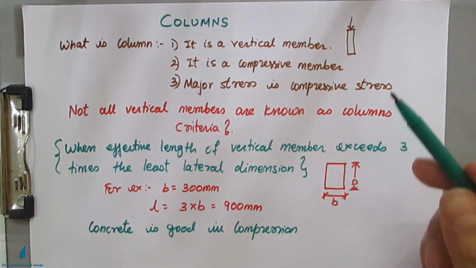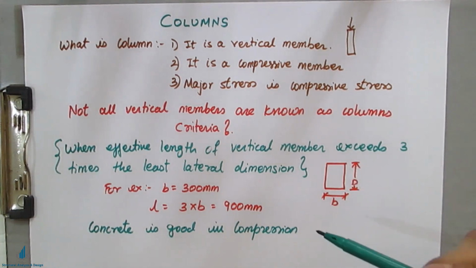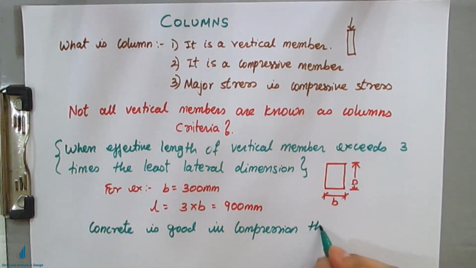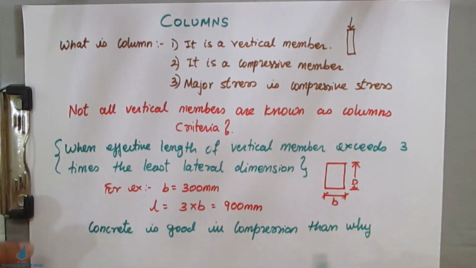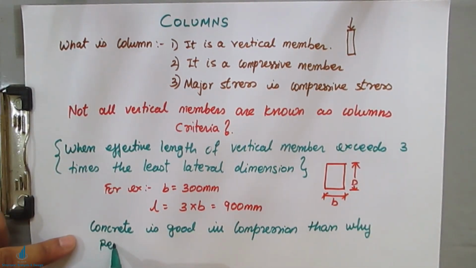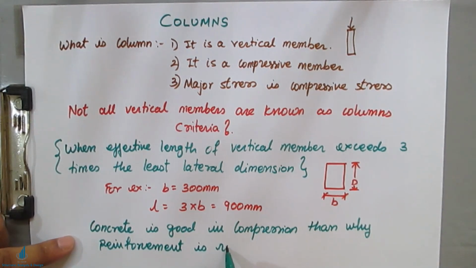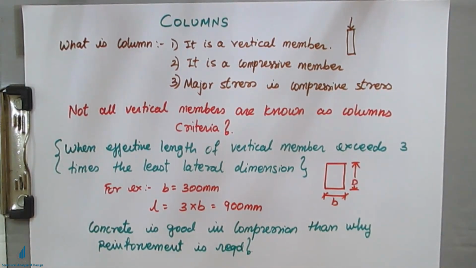The column you are saying is a compressive member. Then why is reinforcement required? This is the next question that will come into your mind.